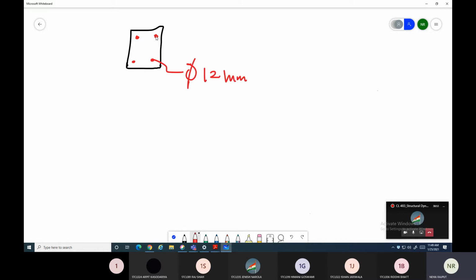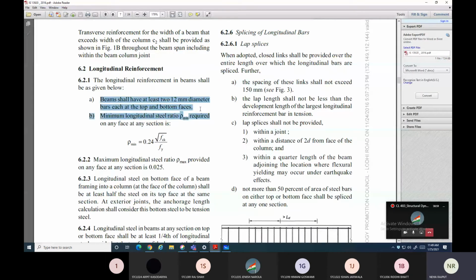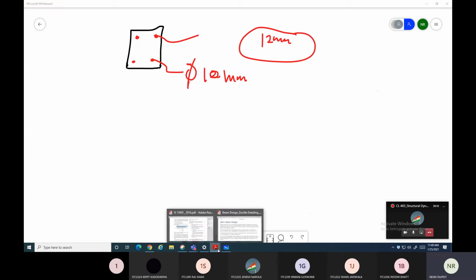So if you have designed by IS 456 and provided a diameter of 8 mm or 10 mm, as I explained in design also, the minimum diameter of beam reinforcement is 12 mm.